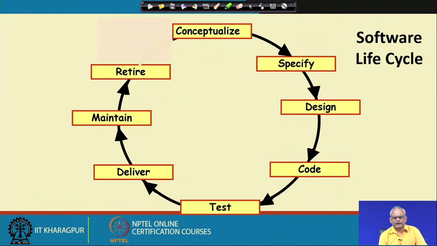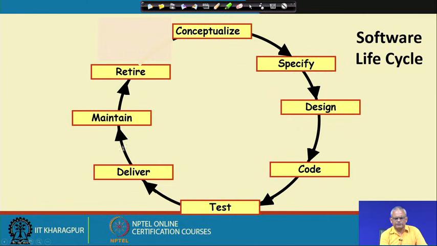Similar is the software life cycle. Conceptually, you can think that somebody thought of the software, so that is conceptualization. Then he finds out what exactly is needed, which is specification, then designs the software, codes based on the design, tests it, installs it and delivers.